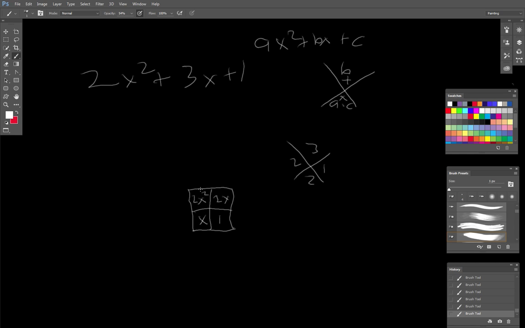Now, the next thing we need to do is figure out what we can factor out of this row. And what I see that's in common is 2x. In this one, you don't see any variables that are common. There's no x in the 1, and there's no other stuff and powers in these. So the only thing you factor out is a 1. In this one, you can factor out an x.